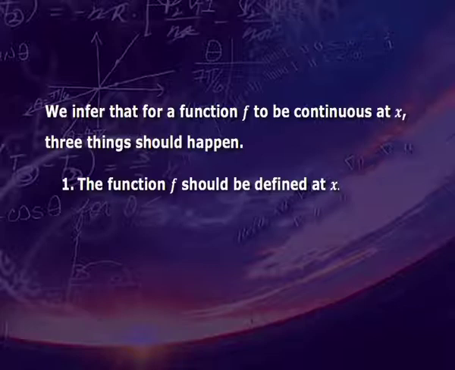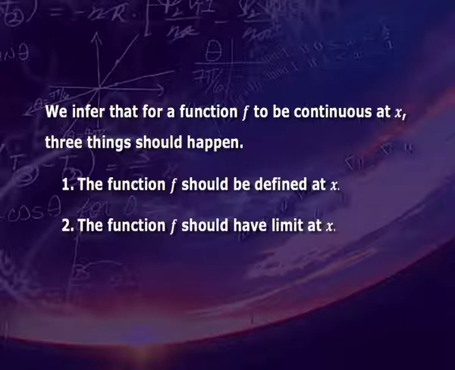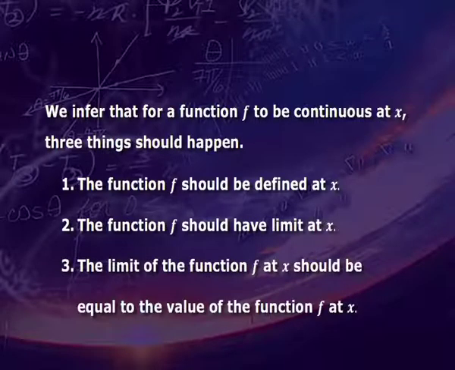The function f should be defined at x. 2. The function f should have a limit at x. And 3. The limit of the function f at x should be equal to the value of the function f at x.